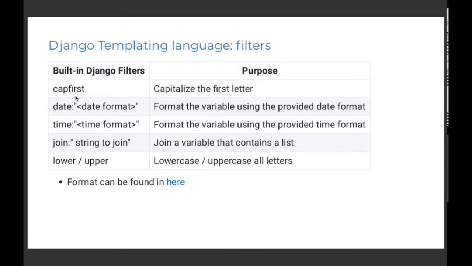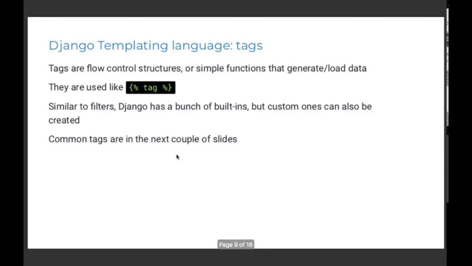So the first one is the capfirst filter, so it will capitalize. You could add date formatting, time formatting. You can join a list. You can set all letters uppercase or lowercase. Those are the most basic ones that I'm showing you, but others can be found in the link in the slides that accompany this video.